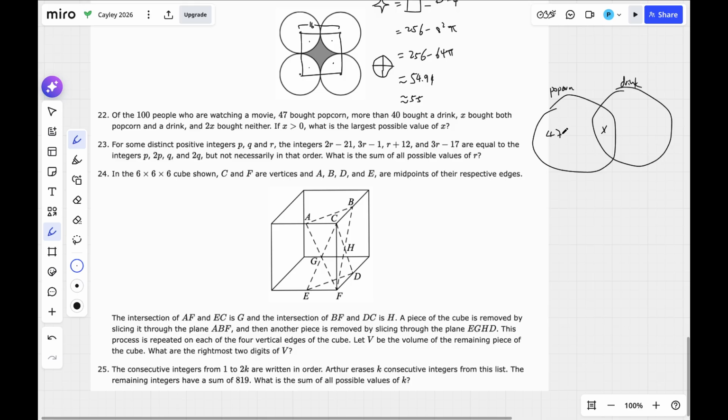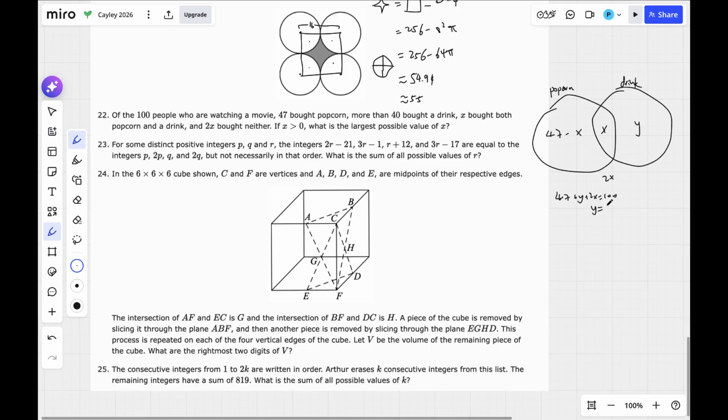Let's draw like this. Here we have everyone who's watching a movie. We have popcorn, and we have drink here. We know that X bought both, and 47 bought popcorn, so 47 minus X bought only popcorn. We know that 2X bought neither.